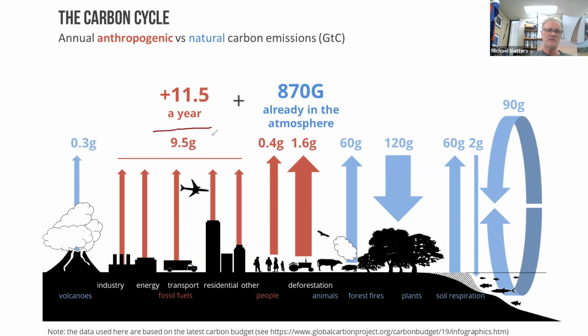So the bottom line to all of this, everybody, is that when we add 9.5 billion tons of carbon through the emission of fossil fuels, and another 2 billion tons through human additions through respiration and deforestation, we're adding about 11.5 billion tons of carbon to the atmosphere every year, right? Does that make sense? 11.5 billion tons, okay?